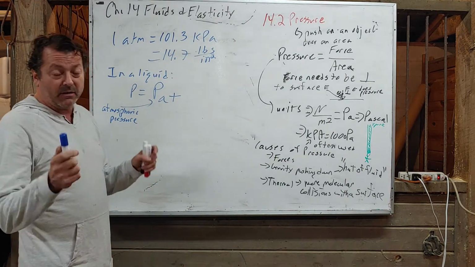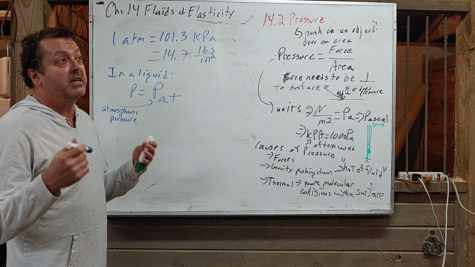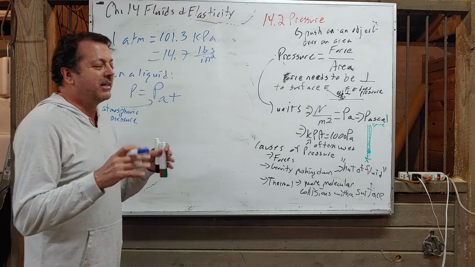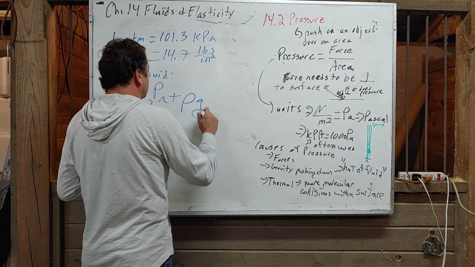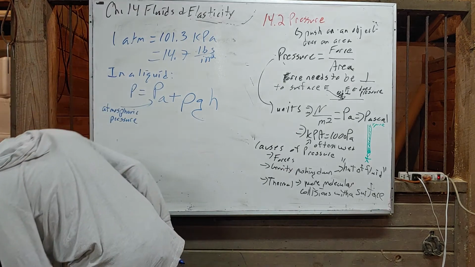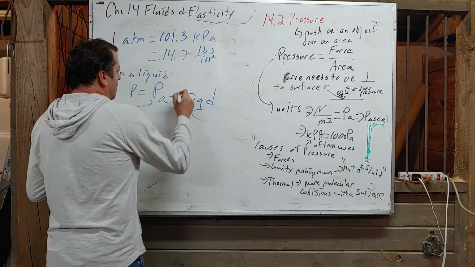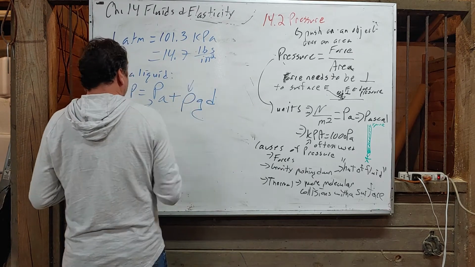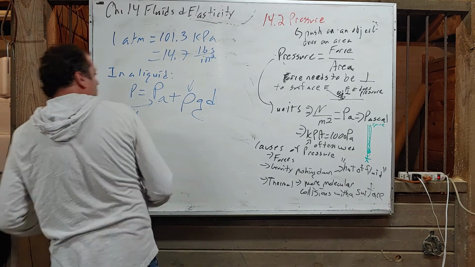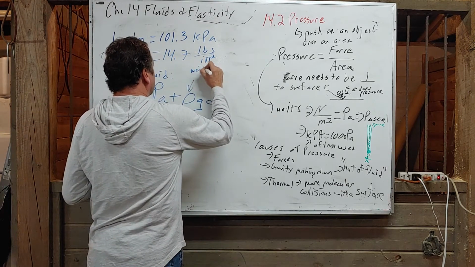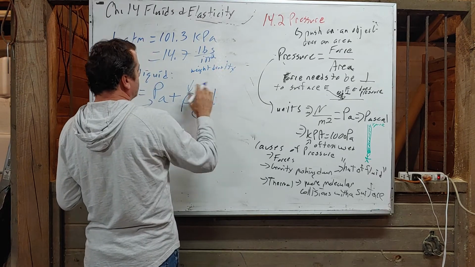Okay? Water is very much more dense than air, so the pressure gets to be a lot really fast. And that becomes rho g h, or they use d. I'm sorry, d, they use d. Rho, of course, is the mass density.